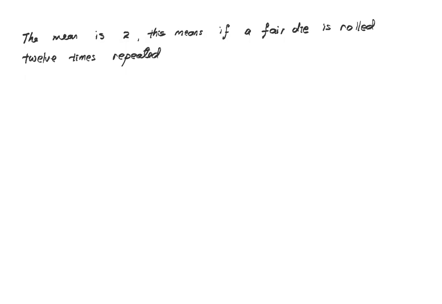This means if a fair dice is rolled 12 times repeatedly, repeatedly means a group of 12.